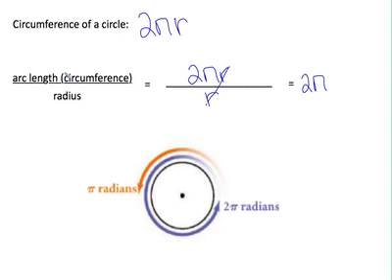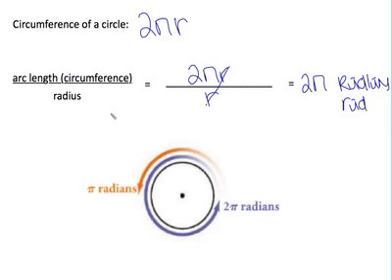And since this is our formula for radians, we're going to label this as radians. It can be abbreviated to just rad if you would like. And that's shown down here in the purple. You can see that when you're doing the whole circle, its measurement is going to be 2 pi radians.